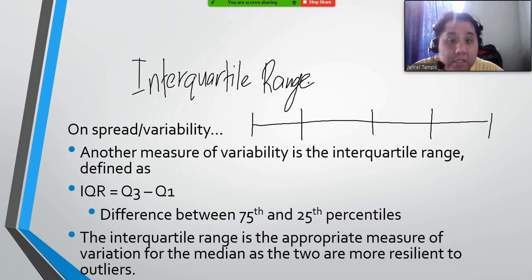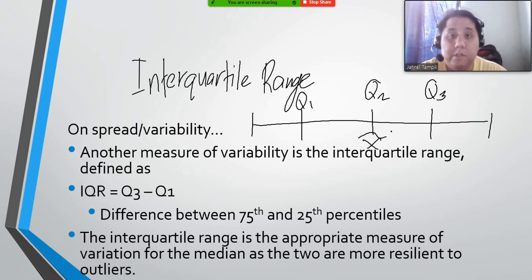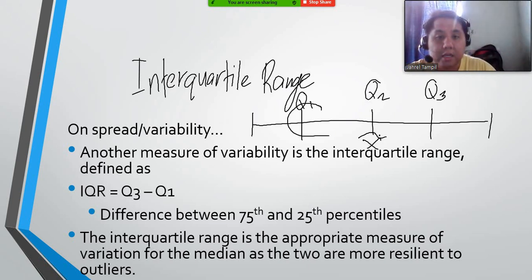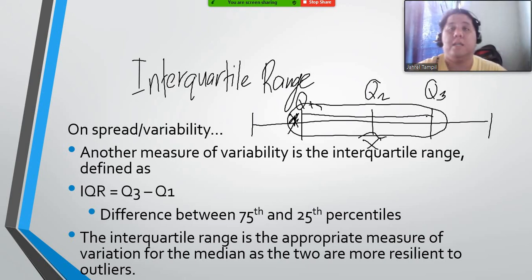Let's say we have this dataset and this is our quartile 1, quartile 2, quartile 3. Our quartile 2 happens to be our median. And the data, since we are dividing them by quartiles, are arranged in ascending or descending order. Now, the interquartile range will only get these values here, strictly from quartile 1 to quartile 3.